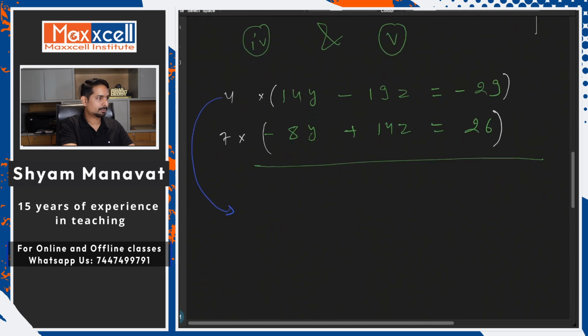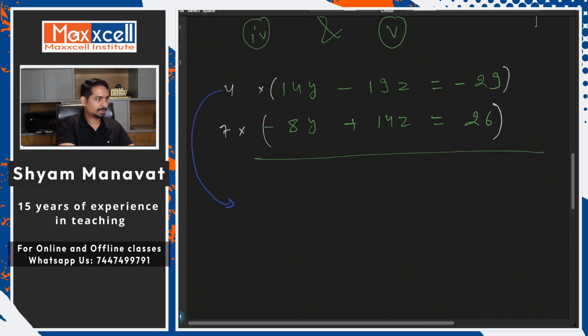The fourth equation will look like 56y minus 76z equal to 120 minus 4 is 116, minus 116, and here this will be minus 56. Write with sign, that's very important.